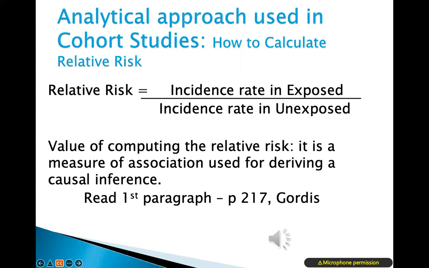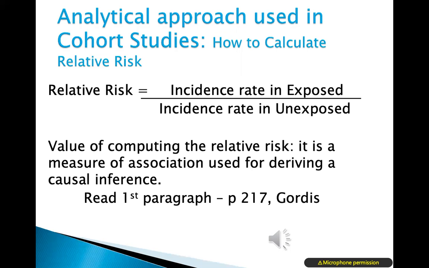This slide is talking about how to calculate relative risk, which is actually quite simple. It's the incidence rate in those who have been exposed to the risk factor you're studying, divided by the incidence rate in those who did not have exposure to the risk factor.